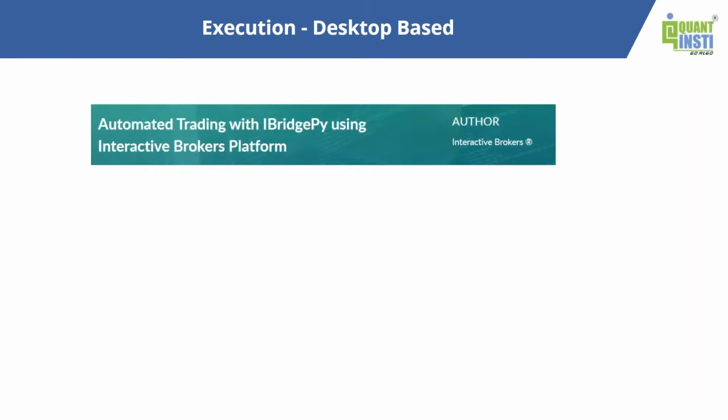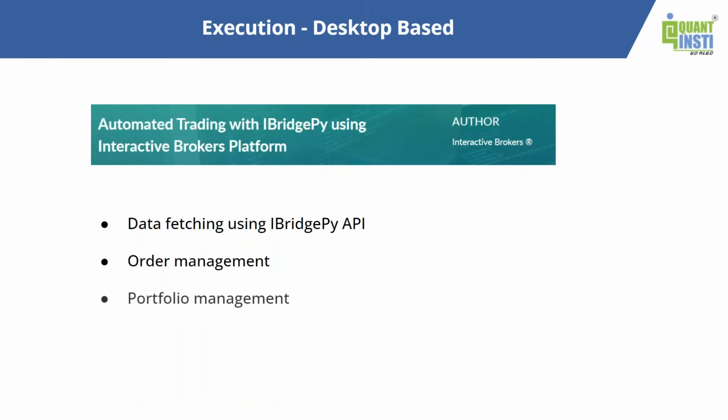To know more about this desktop-based integration, you can enroll into our free course, which is automated trading using iBridge for Interactive Brokers. Here, we explain how to fetch the data using the iBridge API, how to do order management, how to do portfolio management, and also how to implement your trading strategy. For example's sake, we took an example of Interactive Brokers, but with iBridge you can also place orders with Ameritrade or Robinhood.